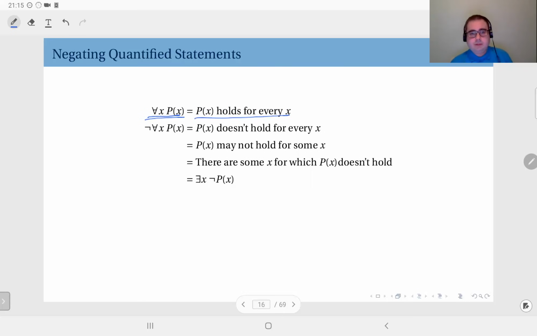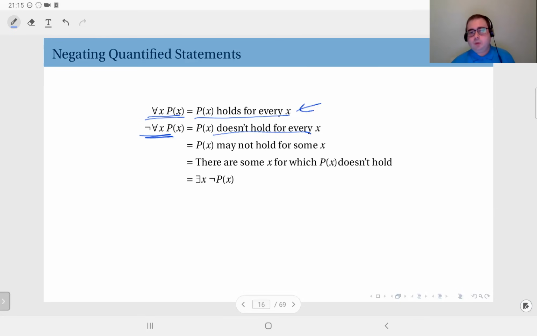If you negate this, what you are saying is p of x doesn't hold for every x. Now, you have to be careful here. We are not saying that p of x holds for no x value. That's not the negation. The original statement is p of x holds for every x, so its negation is it doesn't hold for every x.